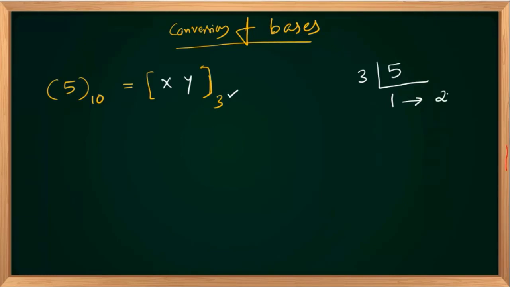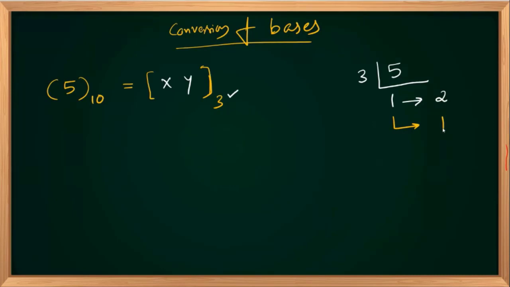It's a continuous division, but we cannot divide 1 by 3, so that 1 I write as the balance.